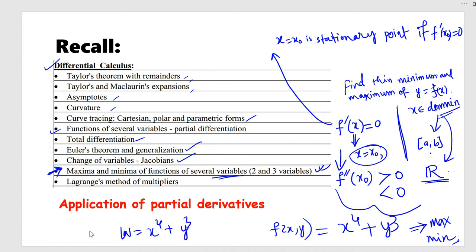Or it can also be like w equals x to the power 4 plus y cube plus z square. What will be the maximum and minimum for this function?